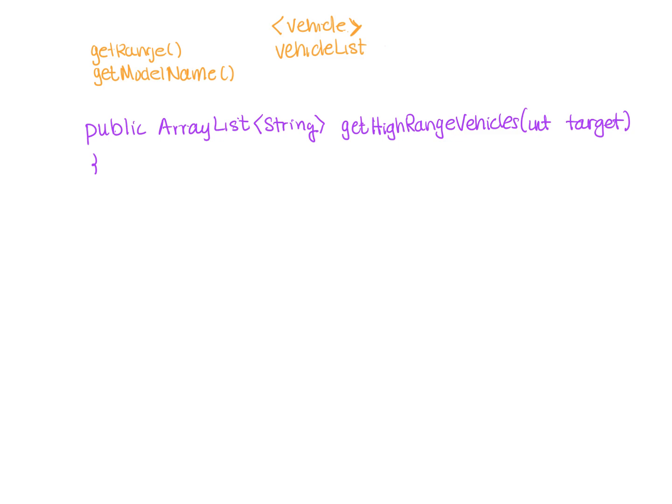Looking at what we were given, we want to write this method. We're going to return an ArrayList of strings. The method is called getHighRangeVehicles, and then we have a target. Remember, we're going to go through vehicleList and see if the range is bigger than the target. First, we need to create an ArrayList of strings.